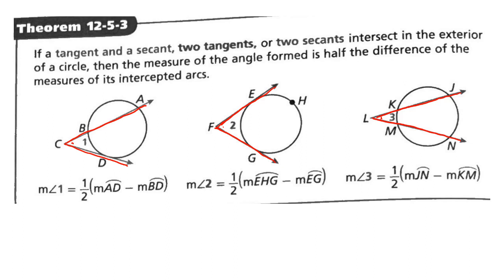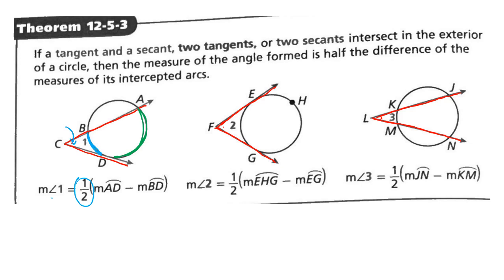Basically what it's saying is this: if you take the arc here and subtract it from this arc here, divide it by 2, you'll get this angle measurement there.